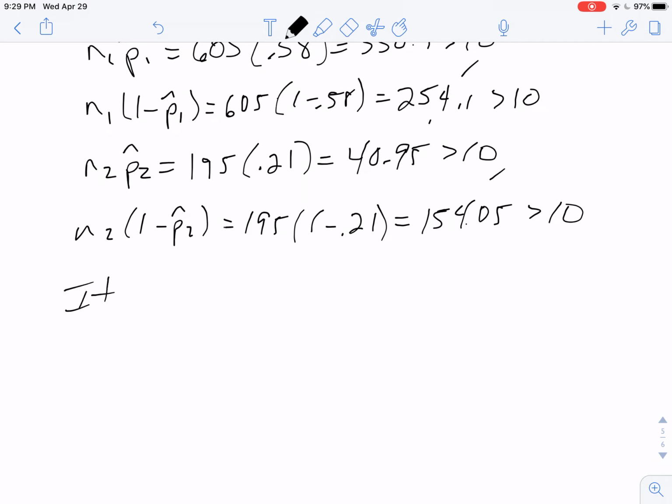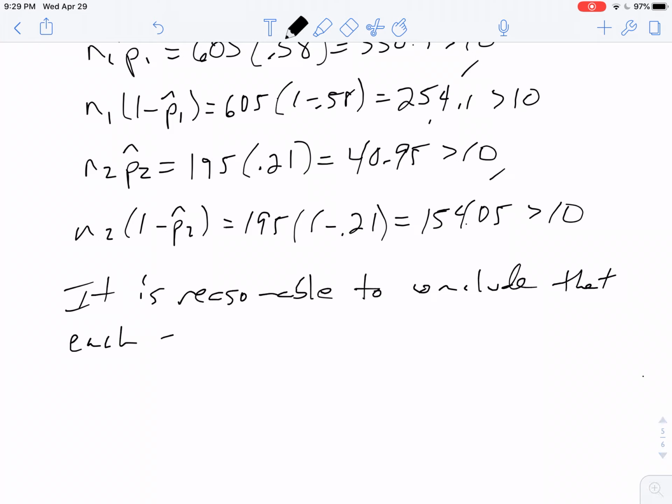So I'll say it is reasonable to conclude that each sample is no more than 10% of its population.